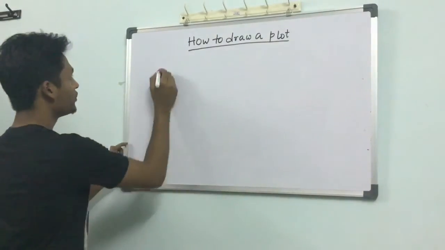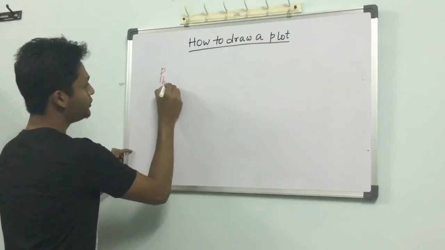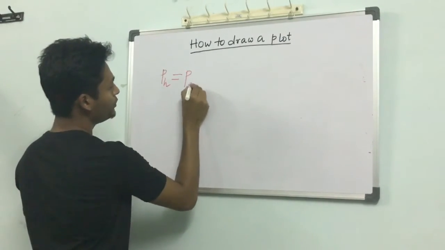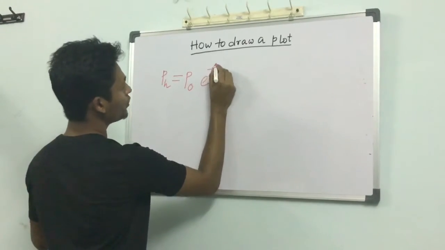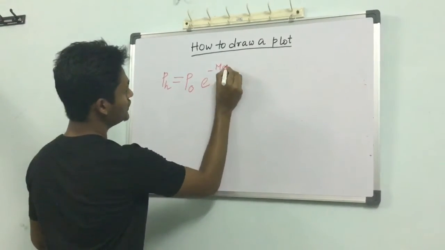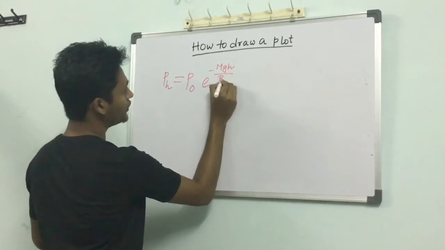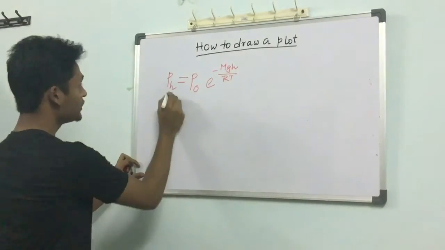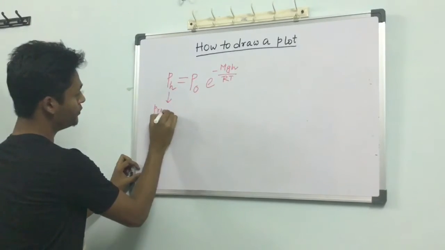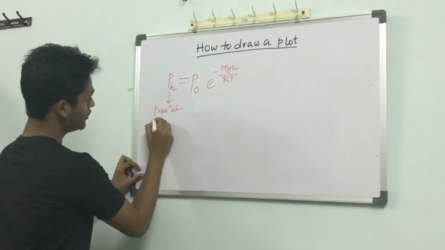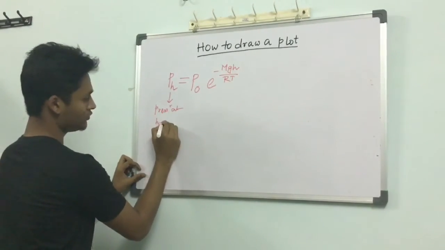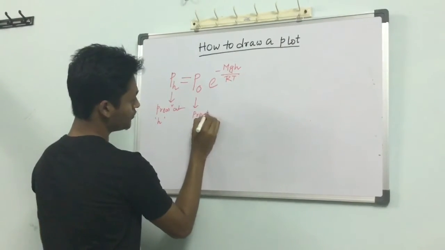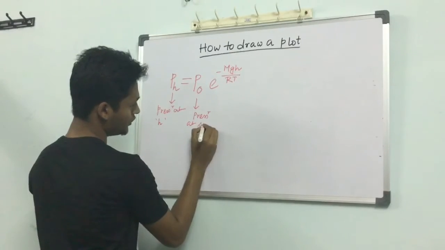Okay, so if the pressure at altitude h is P_h, then it will be P0 exponential to the power minus mgh by RT. And P_h, I told you already, is the pressure at h. This is the pressure at sea level.